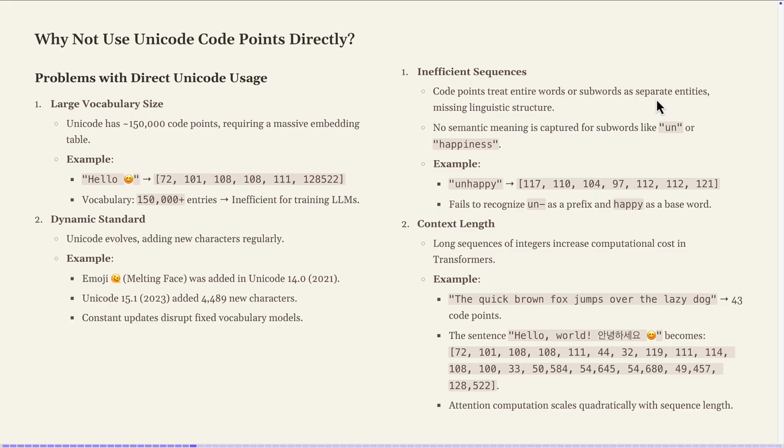And another thing is the context length. Long sequences of integers increase computational cost in the transformer, because in this case, we will try to attend every Unicode character to each other. This is one of the limitations of character-based tokenization, because we'll try to find a relationship. Look, a small sentence like this, we will have maybe more than 20 tokens.